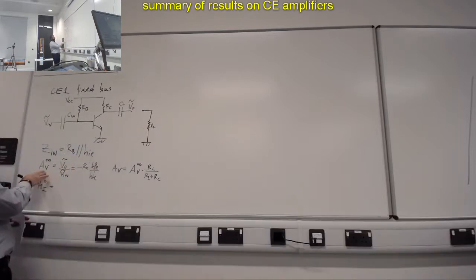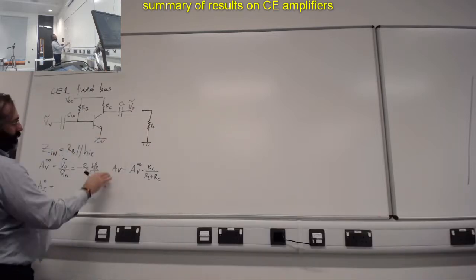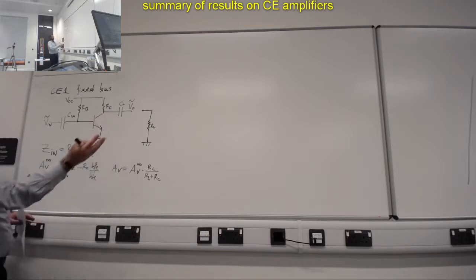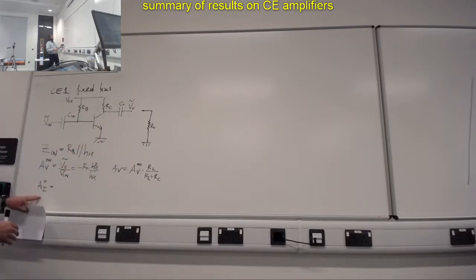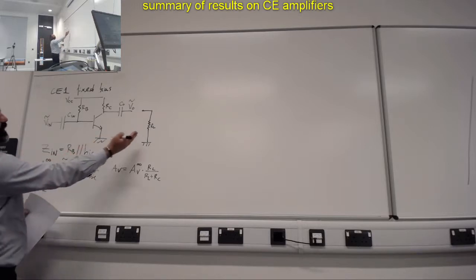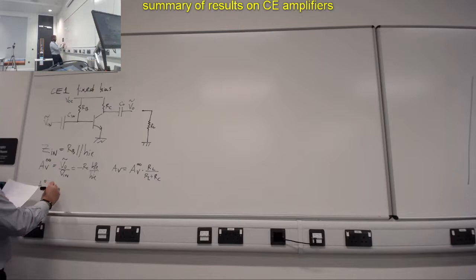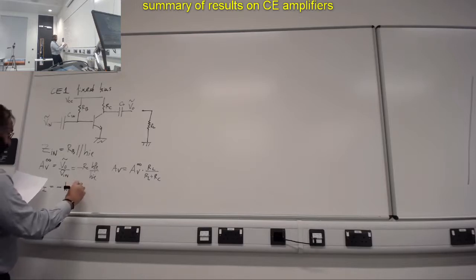What's the amplification? If you put a load, then it becomes a function of this AV infinite when you don't have a load. A similar thing can be done for the current amplification. So if you look at the final formula that we found when there was a load attached, you can realize that you could split that formula in this way. Define AI0. I will explain in a moment what is AI0. RB over RB plus HIE.